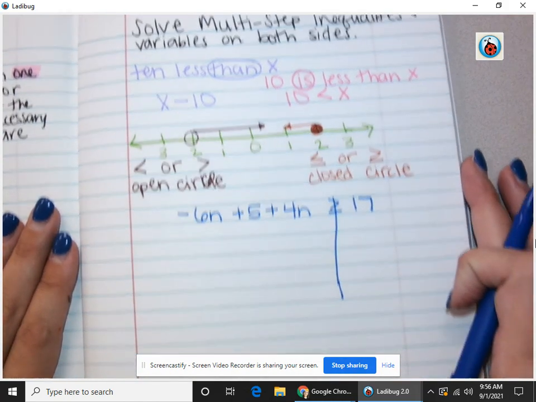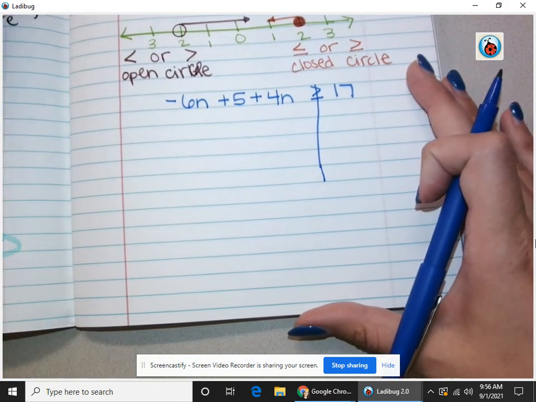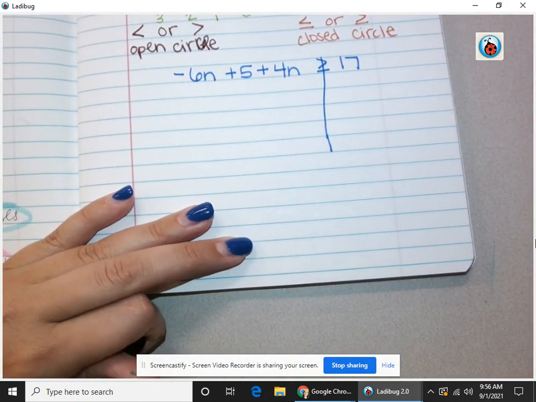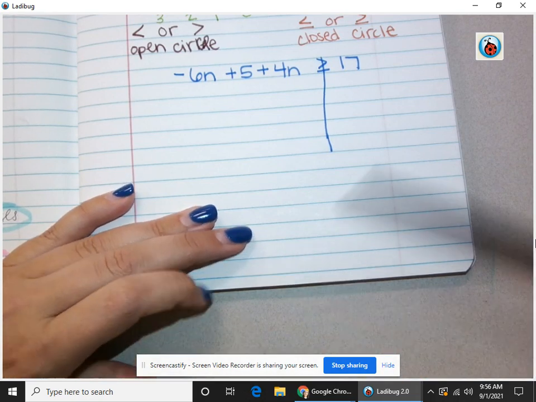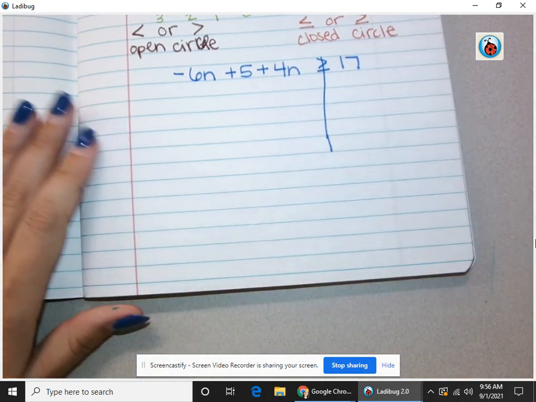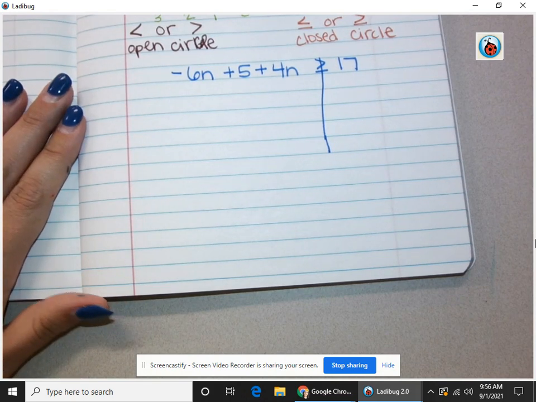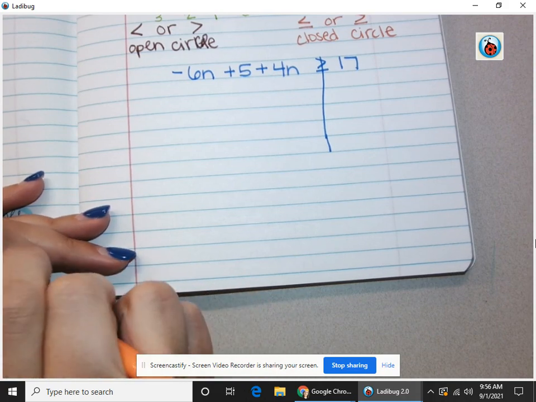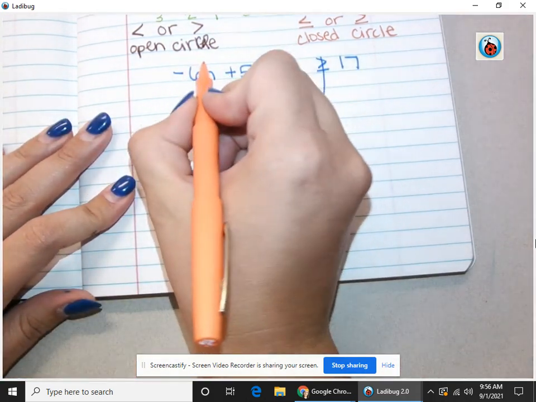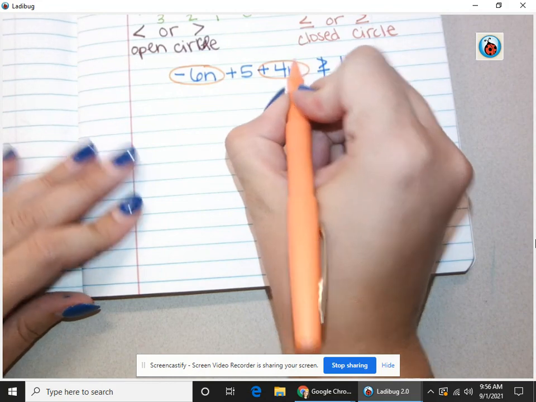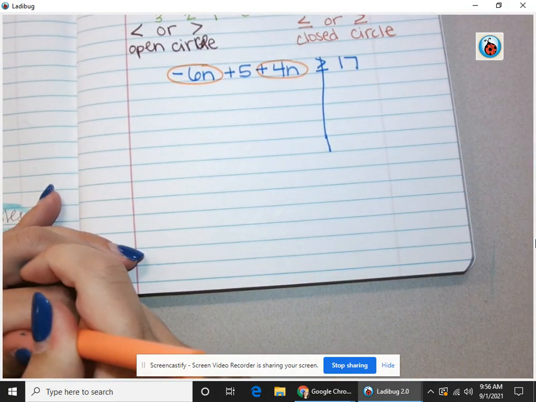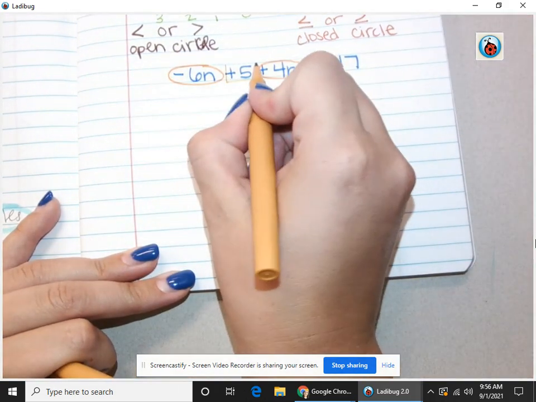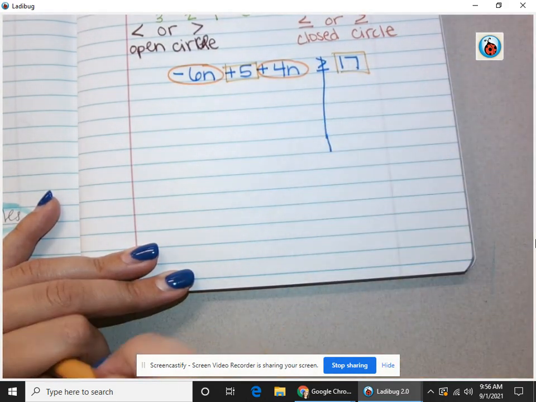Okay, our next problem. I'm going to move this up so that we can see. Is negative 6n plus 5 plus 4n is greater than or equal to 17. So how would I need to solve this problem? Combine my like terms. So I've got my like terms as negative 6n plus 4n, and then I've got positive 5 and 17.